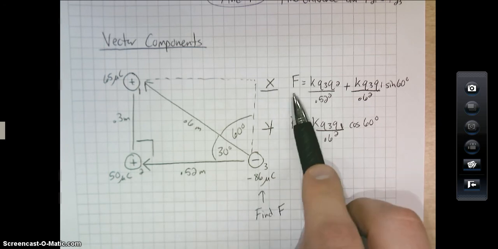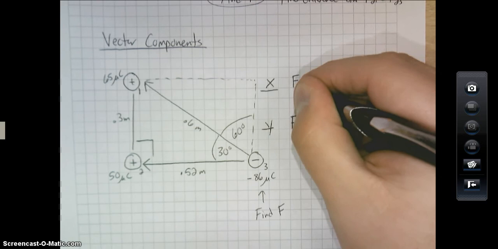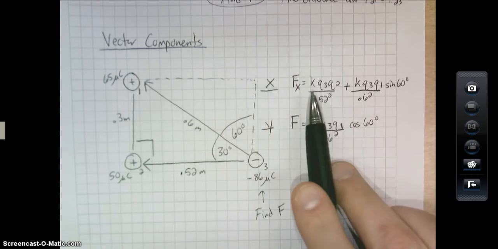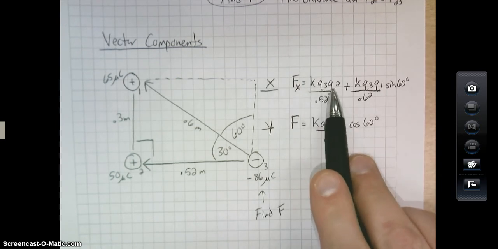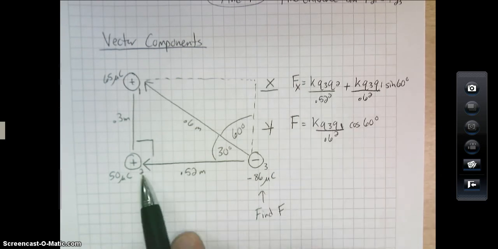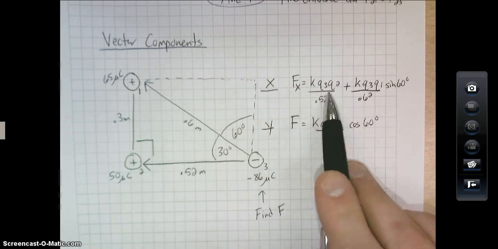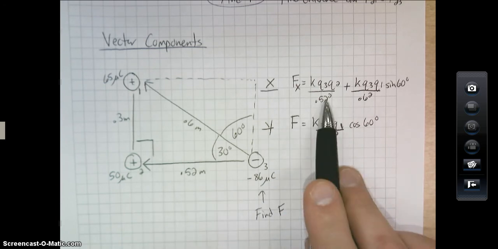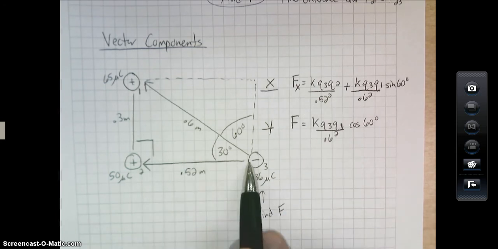So I've written an expression here that says the force in the x is k Q3 Q2, this is Q3, that's Q2, all over the distance between them squared. There's going to be an attractive force there.